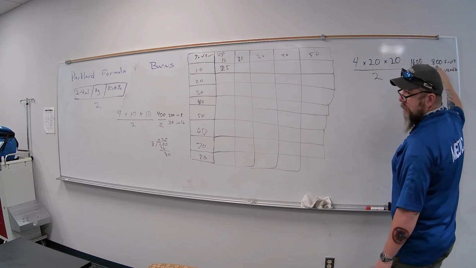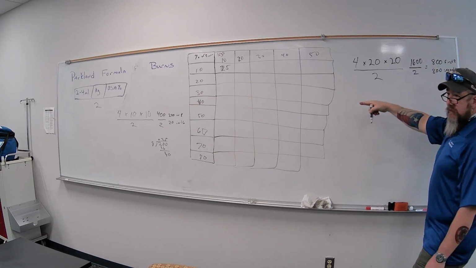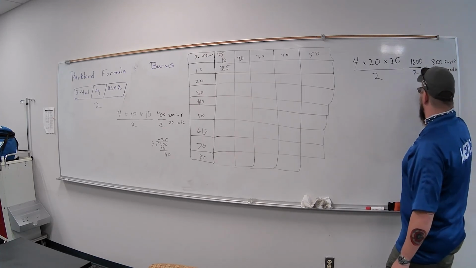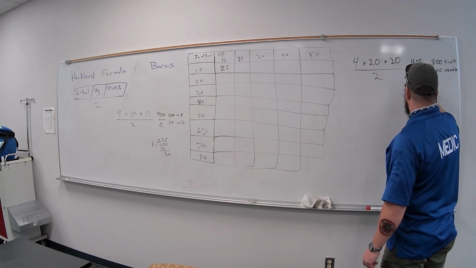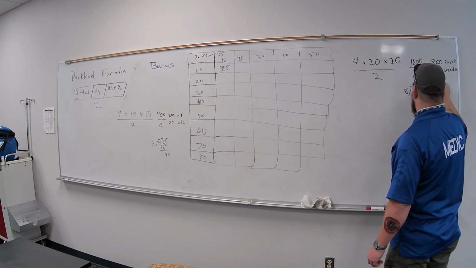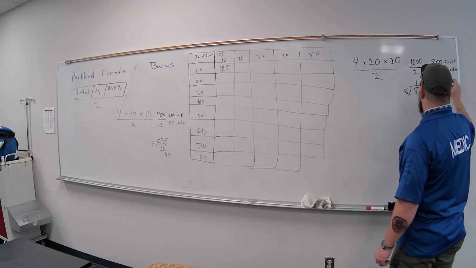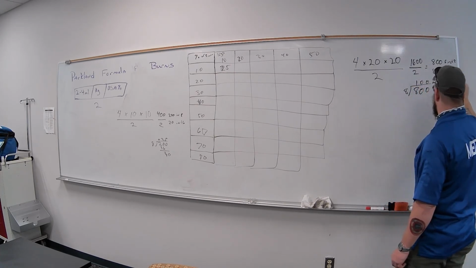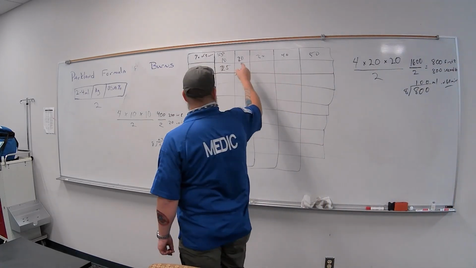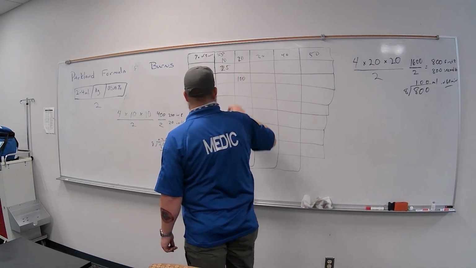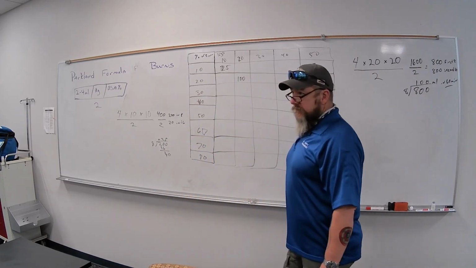Now to get how much per hour, which is what the table is asking for, 800 divided by 8 is 100 mL in 60 minutes. So if I go to the 20 by 20 chart here, it's 100. Does that make sense?